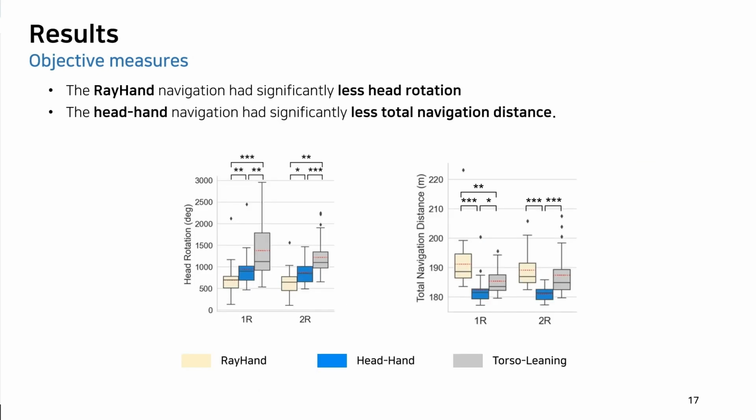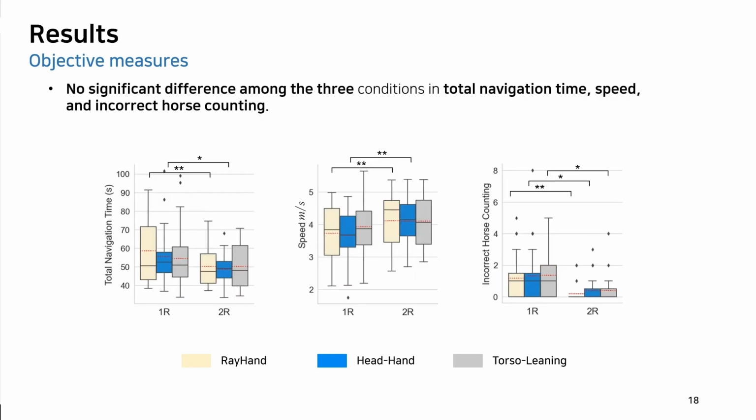From an objective measure, the RayHand navigation had significantly less head rotation in both rounds, and the HeadHand navigation had significantly less navigation distance. Contrary to results from the subjective measures, we found no significant difference among the 3 conditions in most objective measures, including total navigation time, speed, and incorrect horse counting for both rounds.